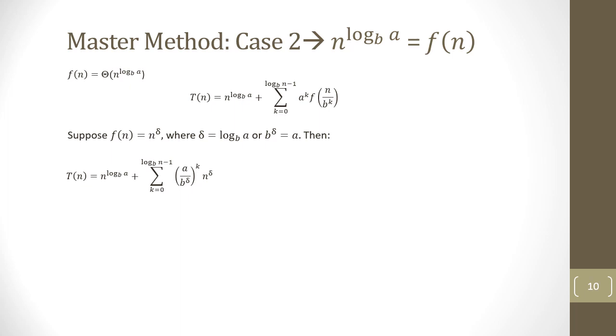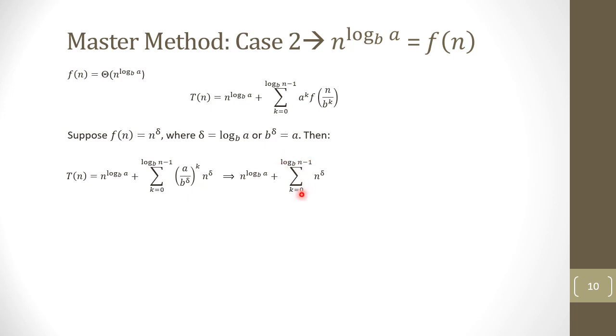Since a is equal to b to the power of delta, this term will become 1 to the power of k, which is just 1. So we get the following equation. Now n to the power of delta is being added log base b of n times.